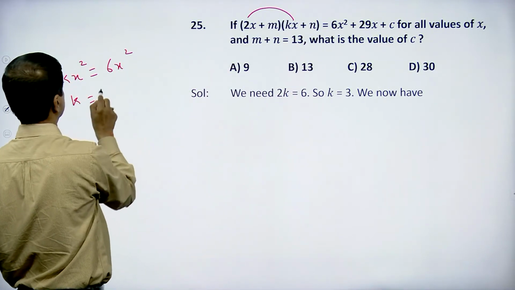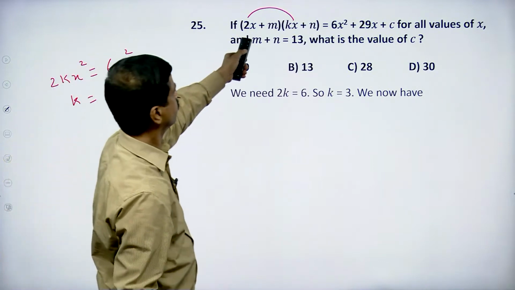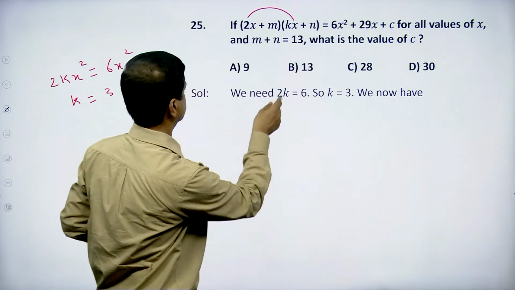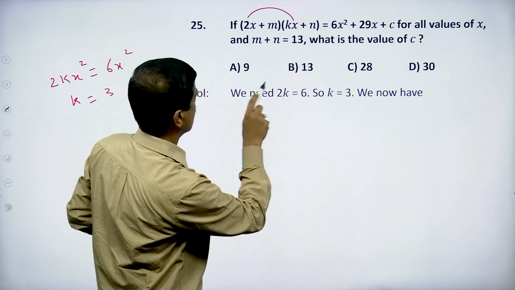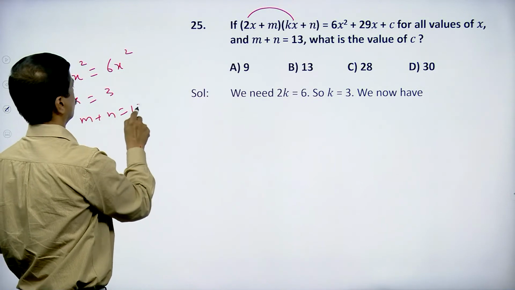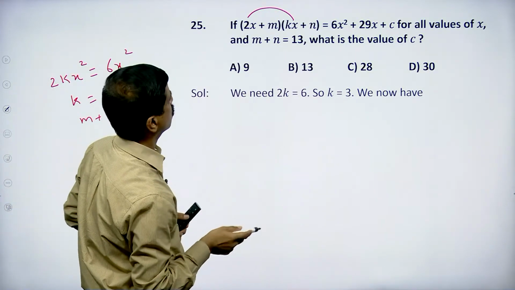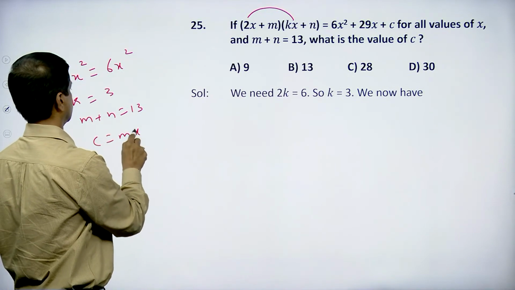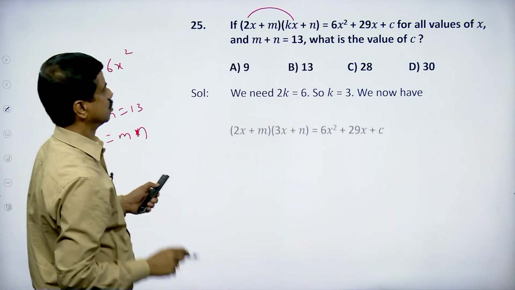So k equal to 3. We got the first k value. Next we should get m plus n values. k is 3 we got. Now m plus n equal to 13 he gave. Now what is the value of c? c is equal to mn. So now look at this.